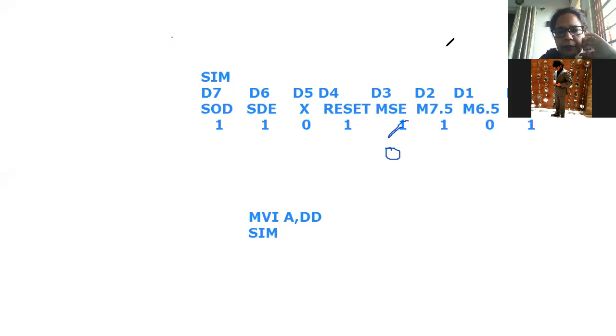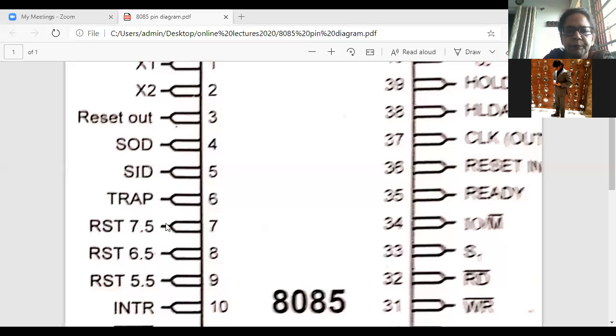Suppose there is an interrupt at 7.5 and 6.5, that is, interrupts have come on both pins. Now 7.5 has a higher priority than 6.5, so always the 7.5 interrupt service routine will be executed first.